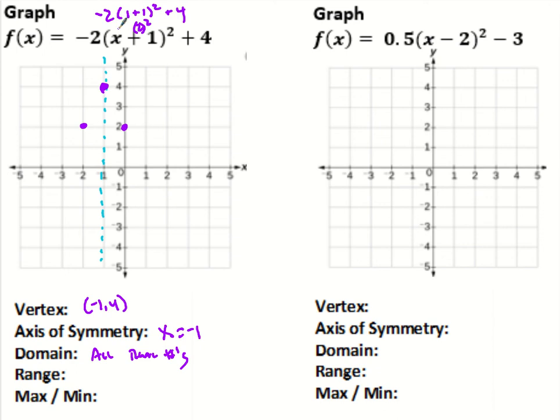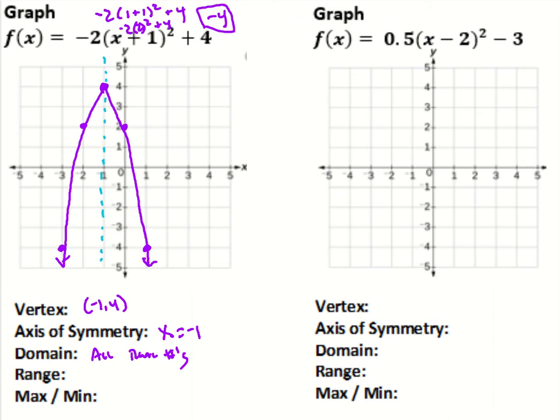So I have to do 2 squared, which is 4. 4 times -2 is -8, plus 4 is -4. So when x is 1, y is -4. And then I can go 2 over from the other side of the axis of symmetry, and that's it. There's my parabola.